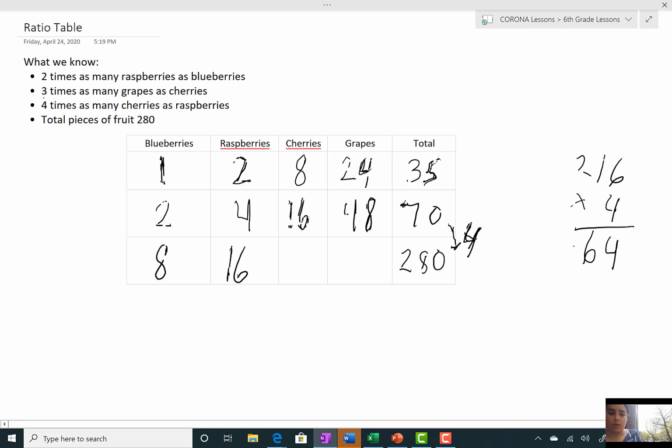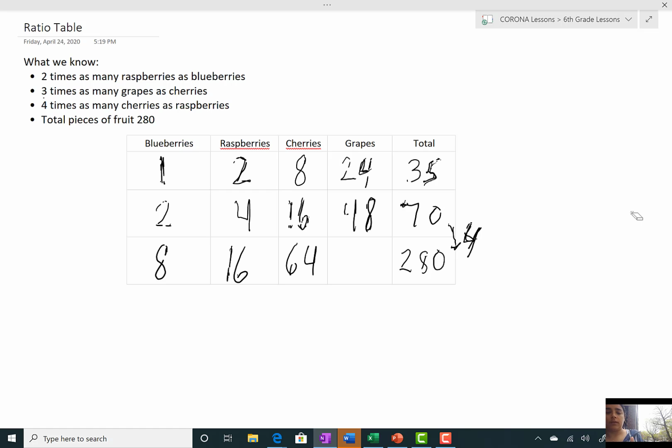I have 64 cherries. And then I can come back and do 48 times 4. 8 times 4 is 32.